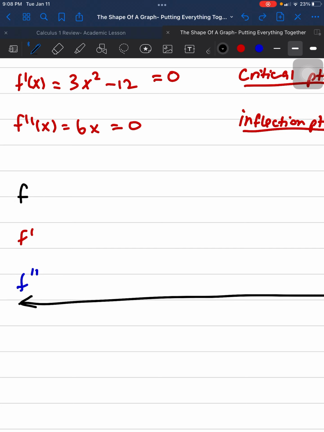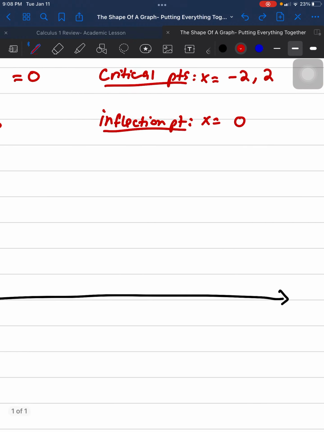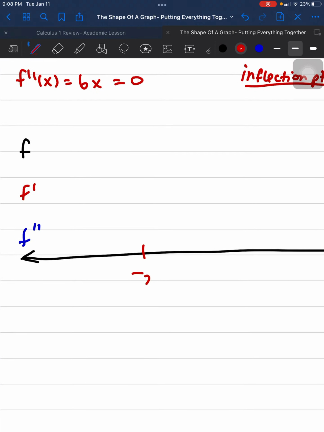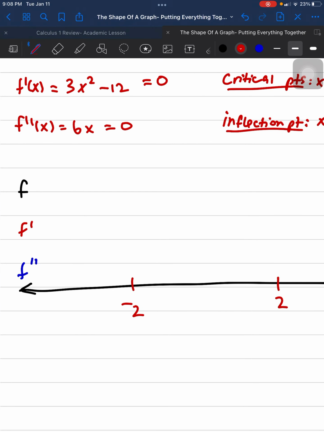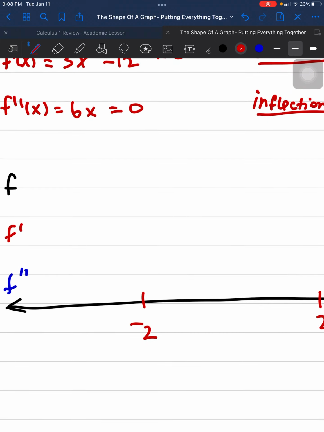So first things first, we started off with the first derivative test, so let's continue with that. We know the critical points are -2 and 2, so let's list those here. Now, in the first video, we said that to the left of -2, the first derivative, aka this right here, 3x squared minus 12, is actually positive.